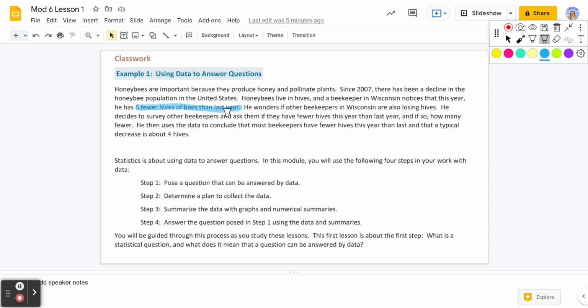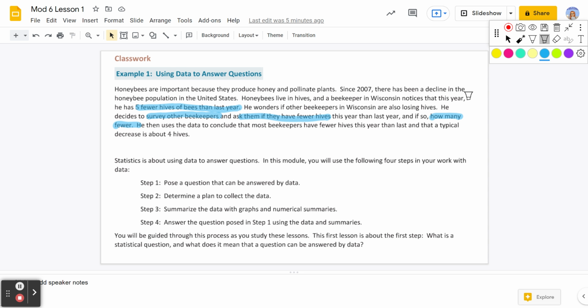So he had this problem where he had fewer hives, and so he wondered if others are also doing that. So he surveyed the other beekeepers and asked them if they had fewer hives, and if so, how many fewer.